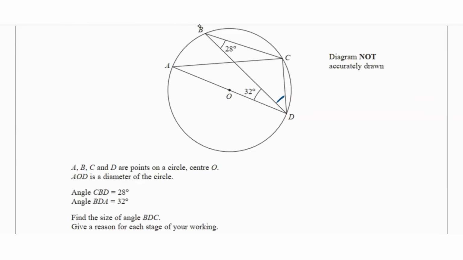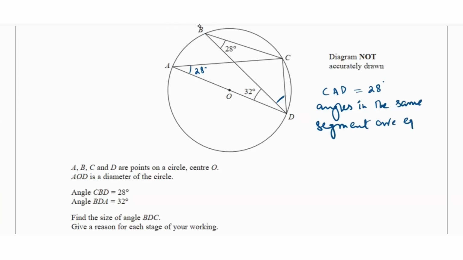So CD is this segment or chord. So angles in the same segment are equal. So if this is 28, this will also be 28. So firstly, CAD equals 28, because angles in the same segment are equal. Then if AOD is the diameter, that means angle C is going to be 90 degrees.